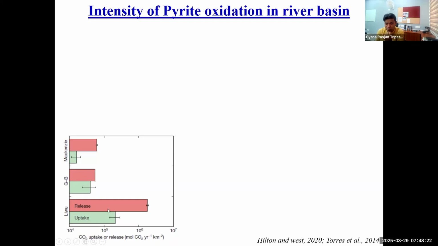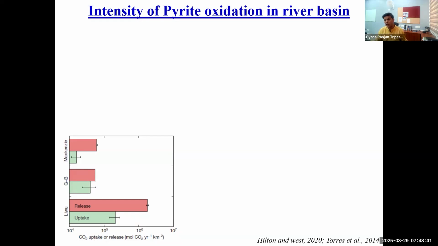In other systems, they are actually much higher than how much CO2 is consumed by silicate weathering. That means these river basins act as a source of CO2 to the atmosphere, and hence this hypothesis that increased weathering will always lead to CO2 consumption is probably not correct.